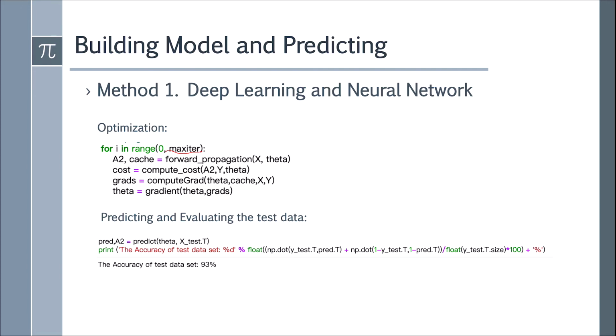After we got our theta in the model, we could use it to test the data that we split out before. And we calculate the accuracy, which is close to 93%. In fact, we only split a small part of the data into the test data, and that might be a reason we could get high accuracy.